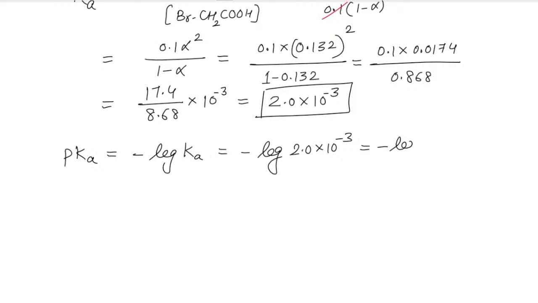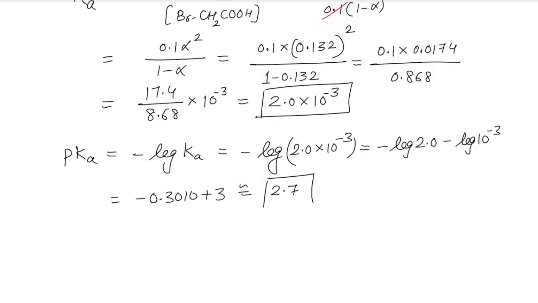So it is minus log of 2 minus log of 10 raised to power minus 3. Minus log 2 is minus 0.3010, and minus log of 10 raised to power minus 3 is 3. So 3 minus 0.3 means it is about 2.7. Very close to 2.7. So this is the pKa for this particular question.